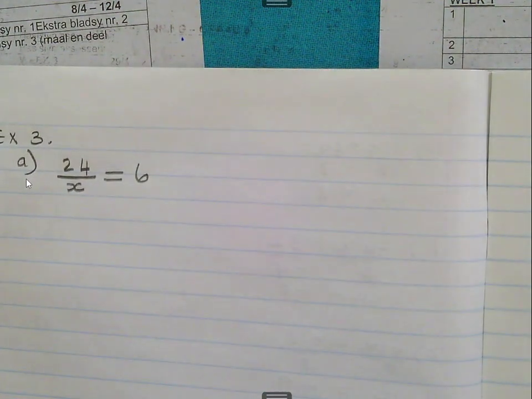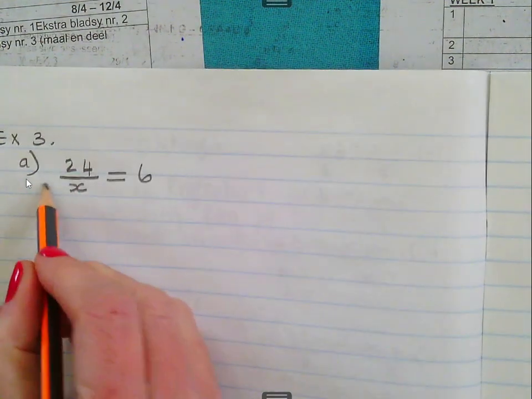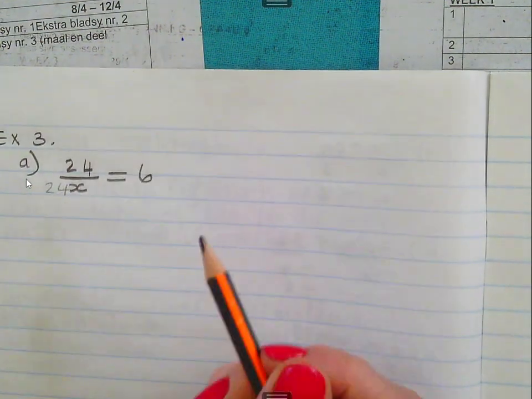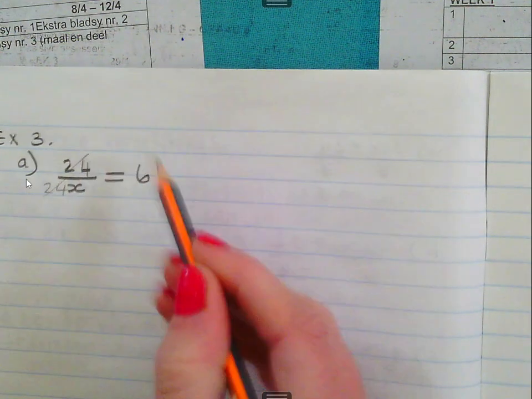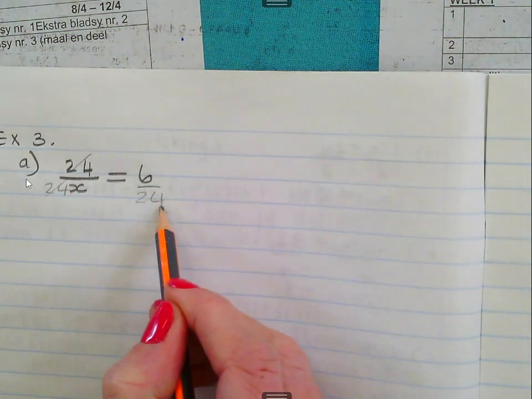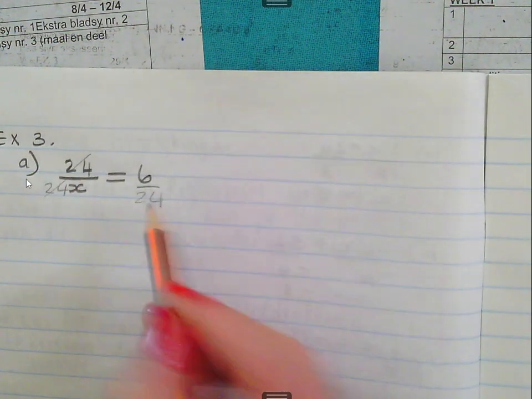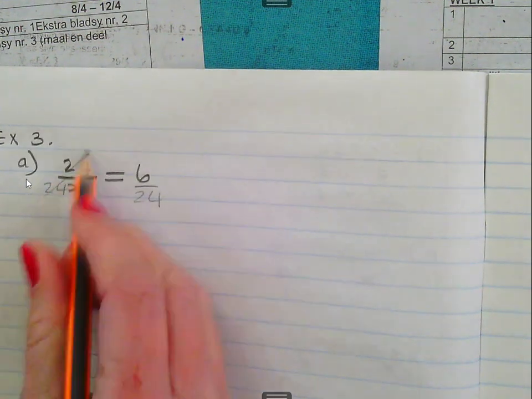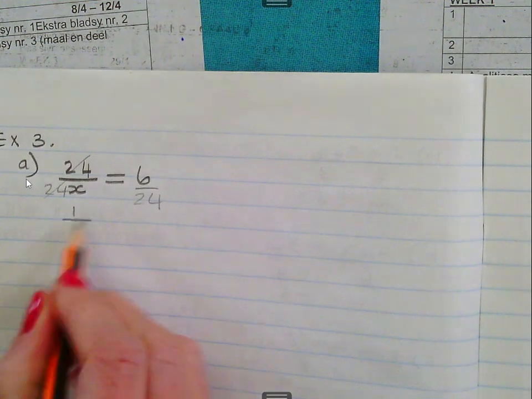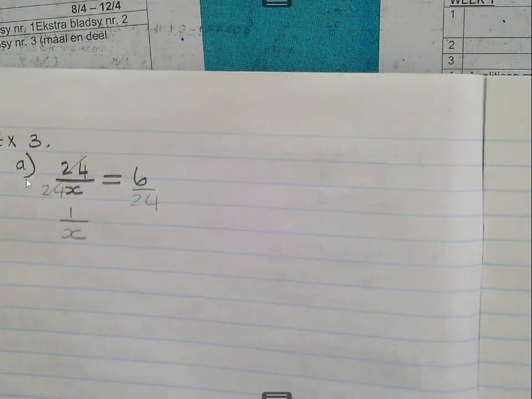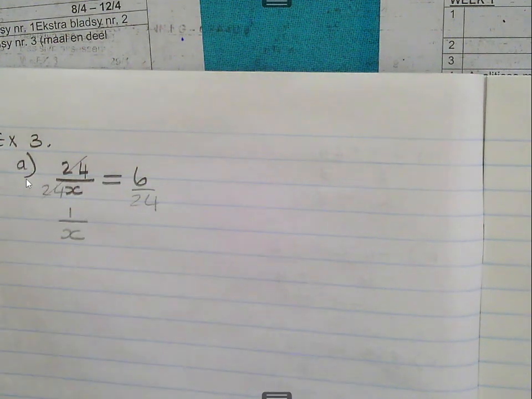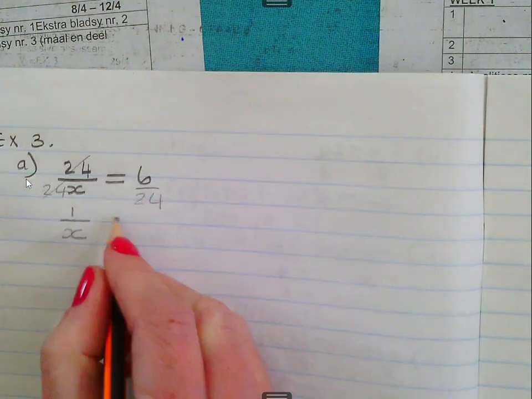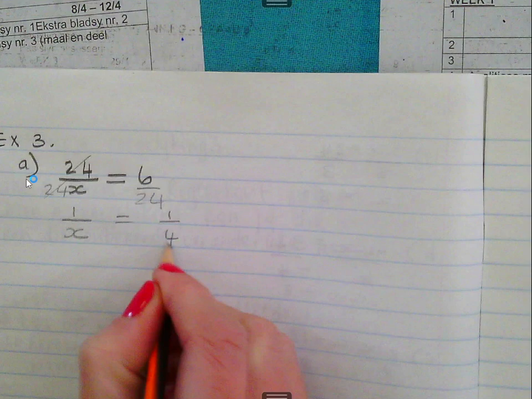Maybe some of you are now saying, okay, well, we follow the same method, which is fine. I put a 24 at the bottom so that it can cancel out. And then I put a 24 at the bottom here. Right. What's going to be left on this side is 1 at the top over x. Do you see the problem? The x is not alone when I do that. Now, working like this, yeah, I would have 1 over 4, and then you can go on.